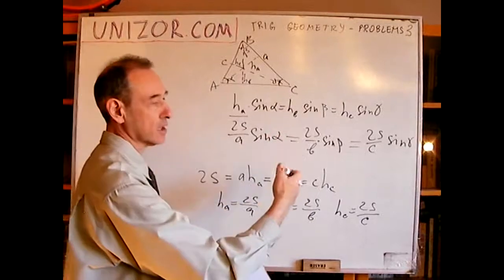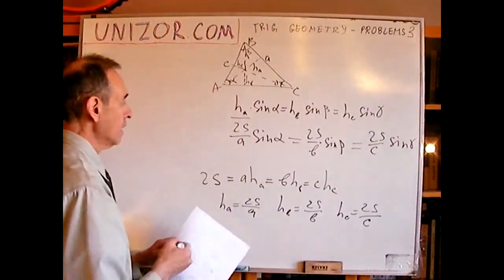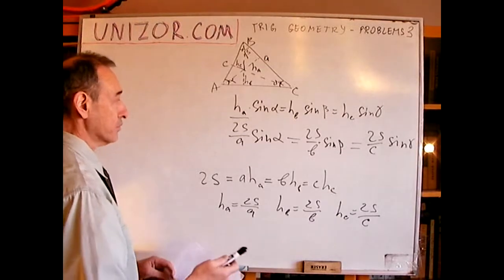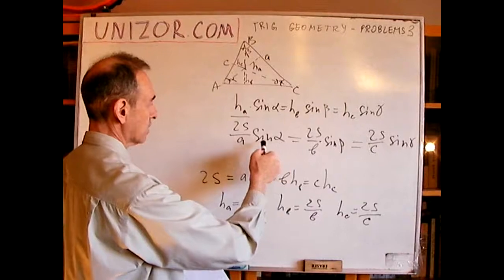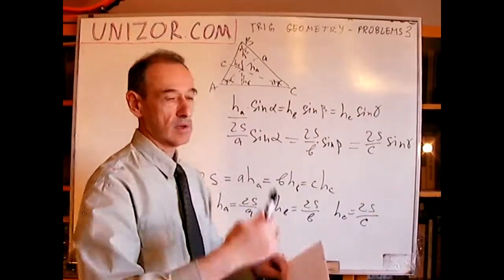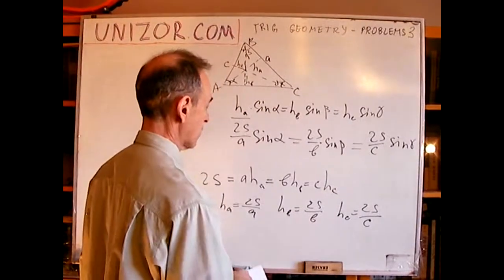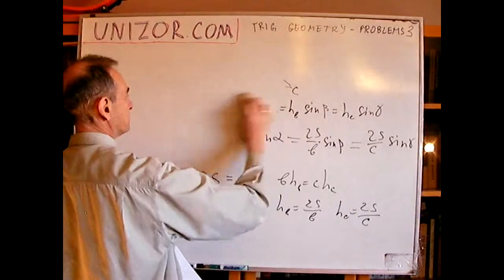So if these are equal, then inverted are equal as well. So this is basically the proof. We start from the law of sines, we can invert it, multiply by 2S, and we got this one. So everything is reversible in both directions. Okay, that's it for number 1.